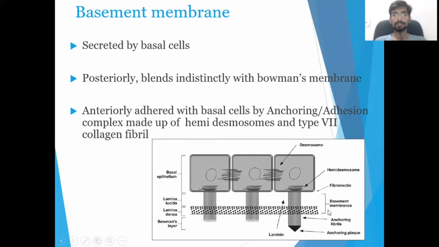So here this is the basement membrane, secreted by the basal cells. Posteriorly it blends with Bowman's layer, and anteriorly it is adhered to the basal cells by the anchoring complex.